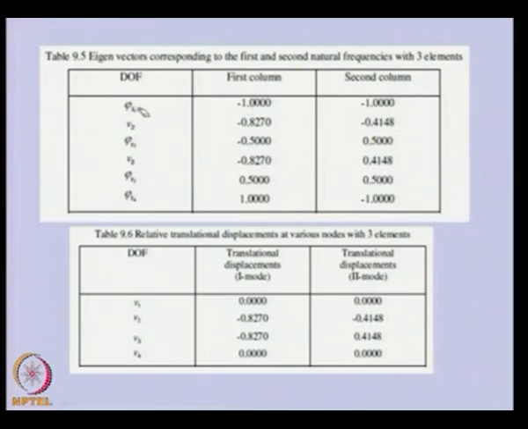For 3 elements, the size of the eigenvector matrix will be 6 by 6, and the first column of that is these particular values, and the corresponding variables, if you see, are the ones which we got after the application of the boundary condition in the equation of motion.